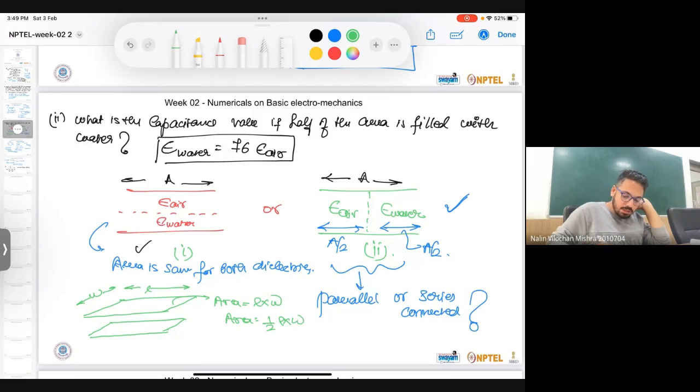So either length or width needs to be half. In both the cases, it must be the second one, not the first one.